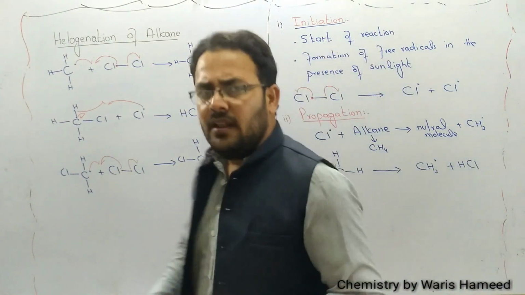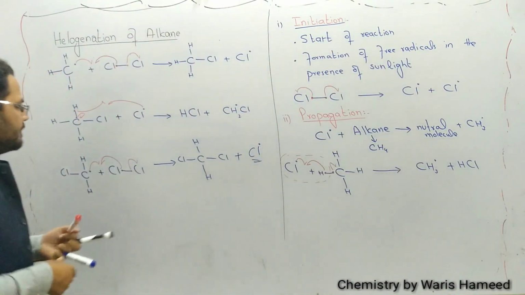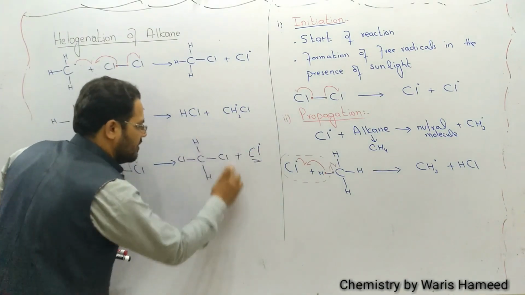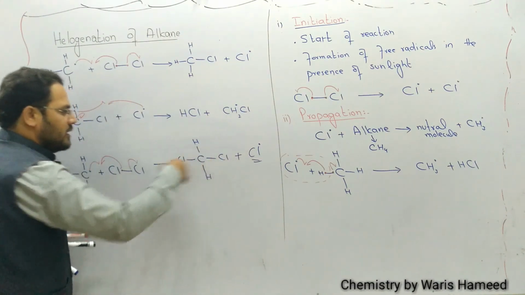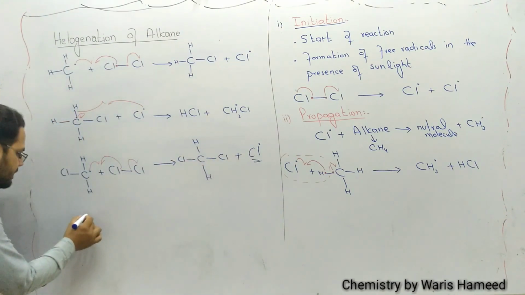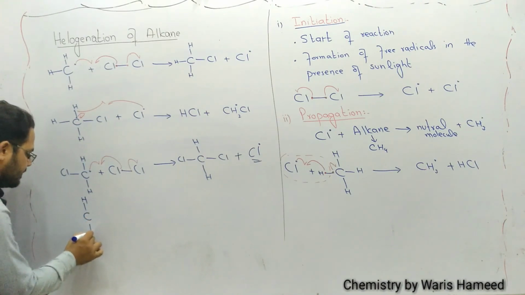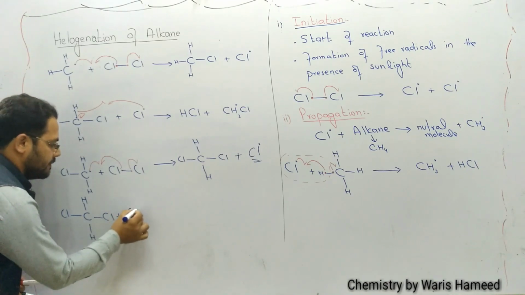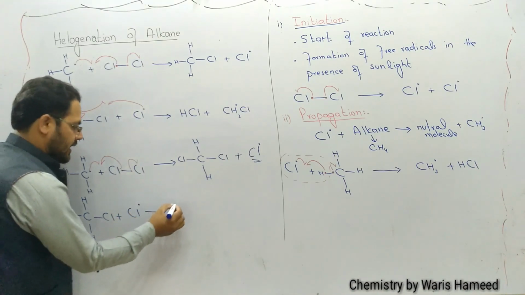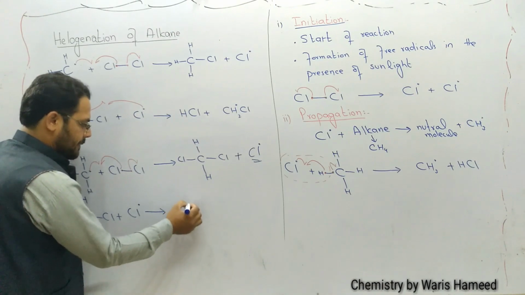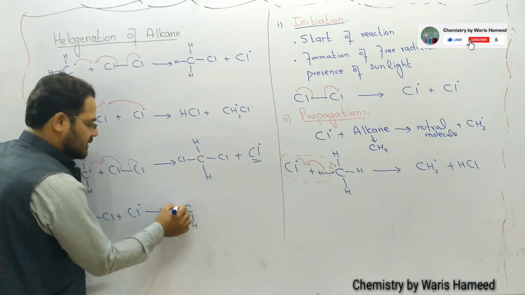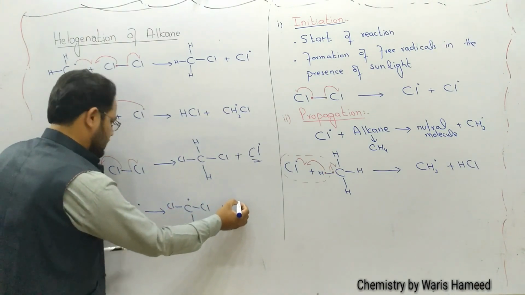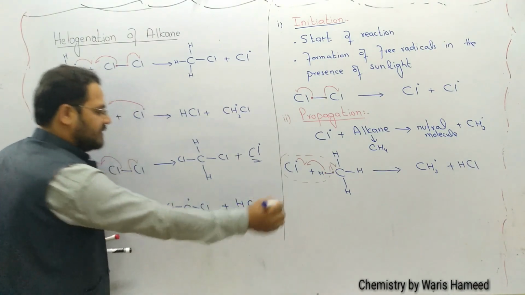Now this Cl radical is again ready to react. It will abstract one hydrogen atom from this molecule, methane dichloride, forming another radical, CHCl2 radical, and beside this there will be the formation of HCl.